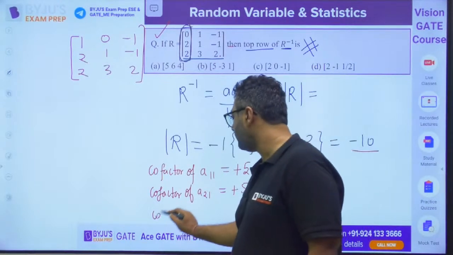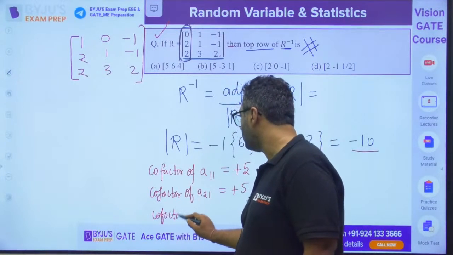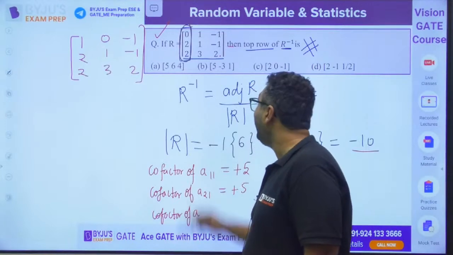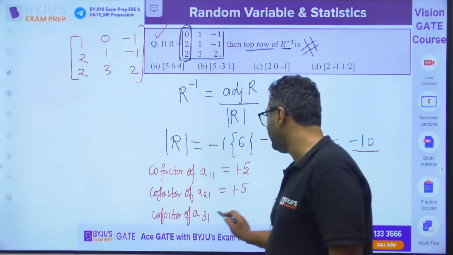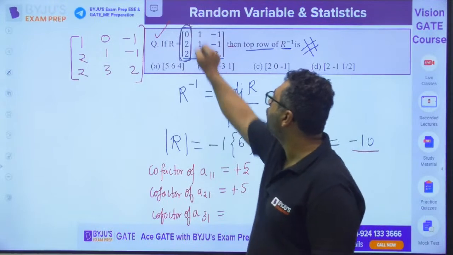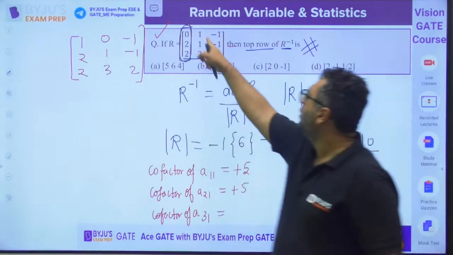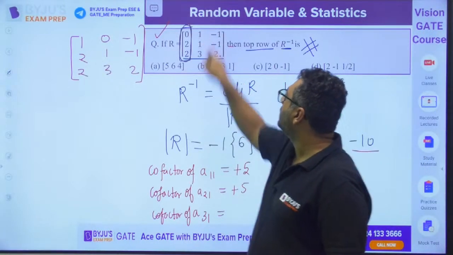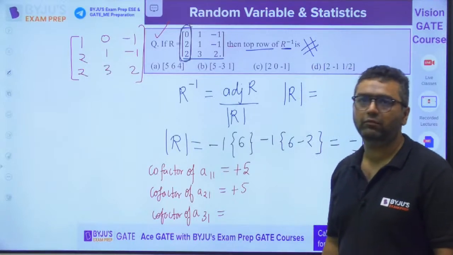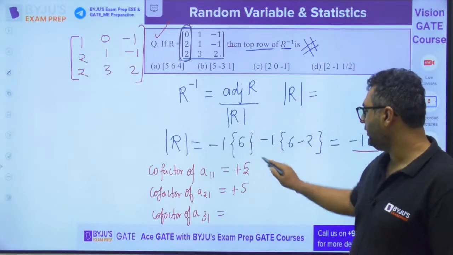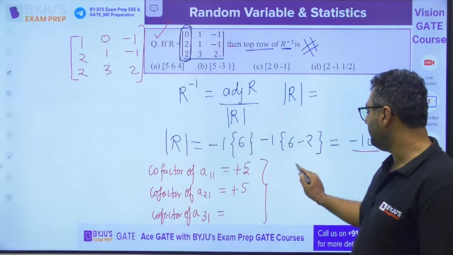Then cofactor of A31, third row, first column, minus 1 minus of minus 1. Will you get it? Solve it and tell me what would be the answer.